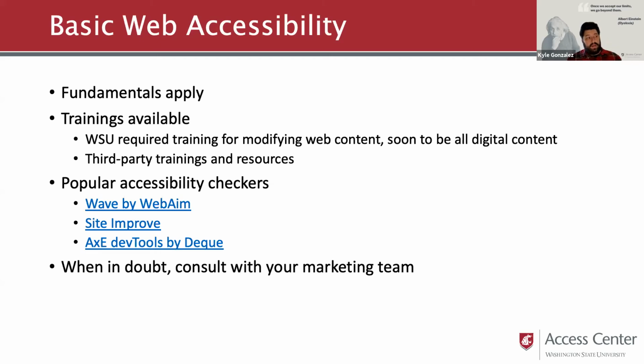I included a few here. And basically these act as plugins on your browser. You would simply go to a web page, hit the plugin, and it'll run a scan in the background. And again, if you're creating web content or content that will be put on the website, always get with your marketing team. If you have any questions, they'll be able to help you with that.